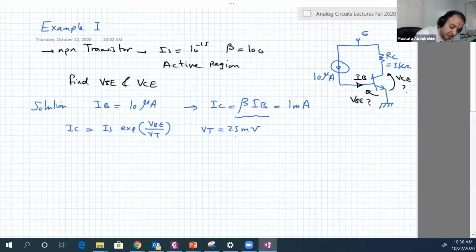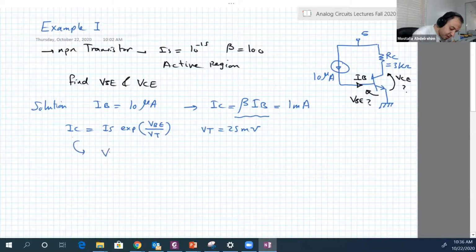So VT is equal to 25 millivolts. I just want to be on the same page as this book, so I just assume the same assumption. But you can, of course, solve it with 26. That's very fine for me. So we have IS, VBE not known, VT is 25, and IC now is 1 milliamp.